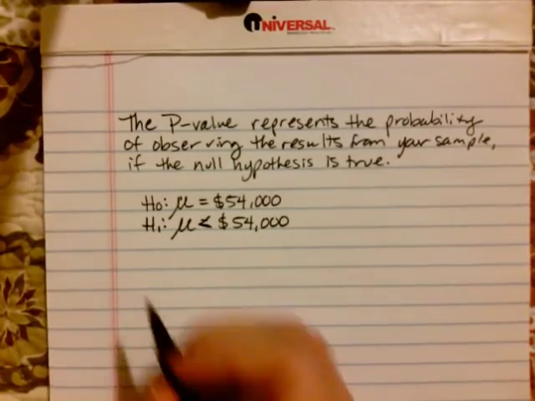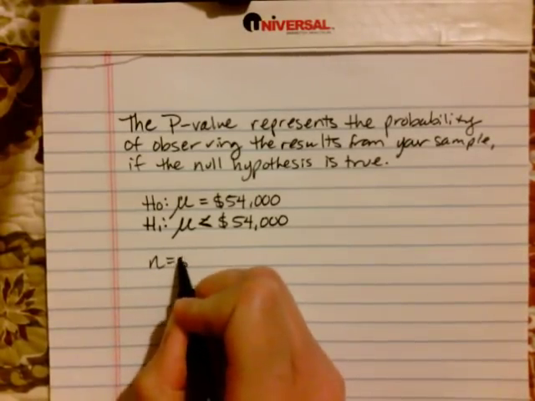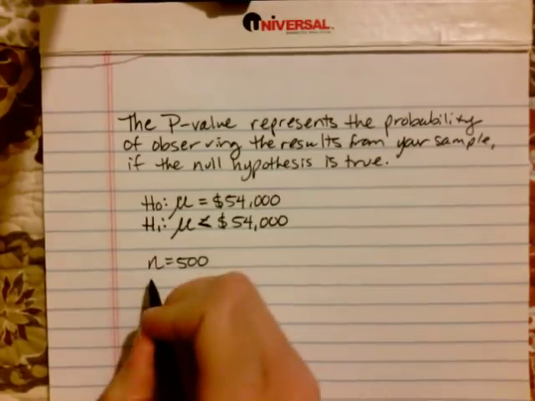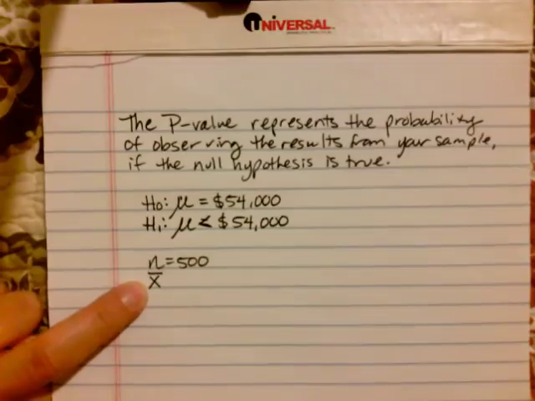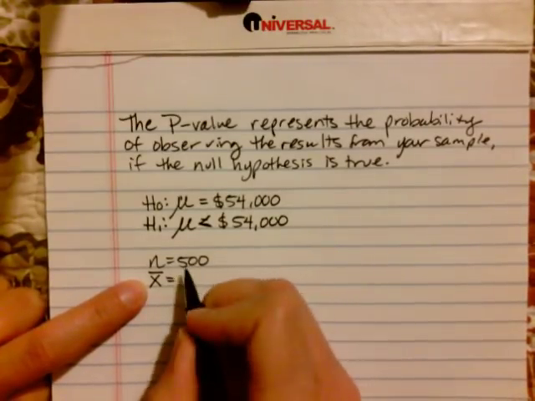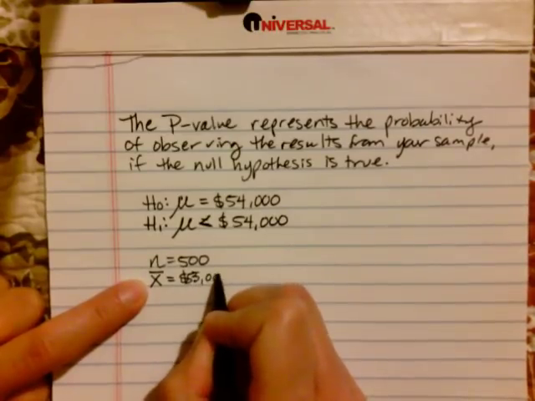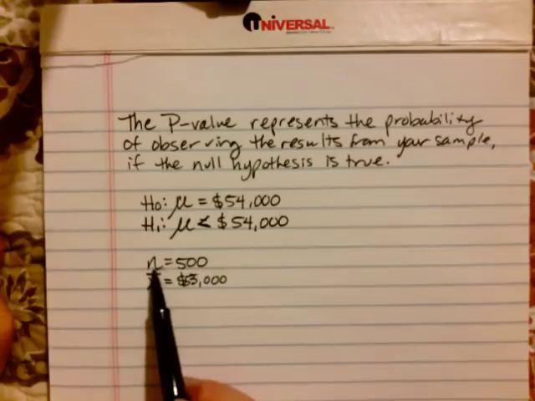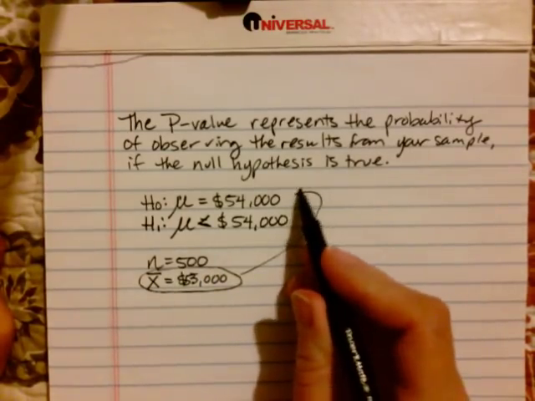Now, let's say I went out and I collected a sample, and let's say my sample size was 500 homes, so it's a nice large sample. And let's say that the average annual household income in the sample, x bar, was, let's say, $53,000. The question then becomes, is that sample mean low enough to call this value into question?